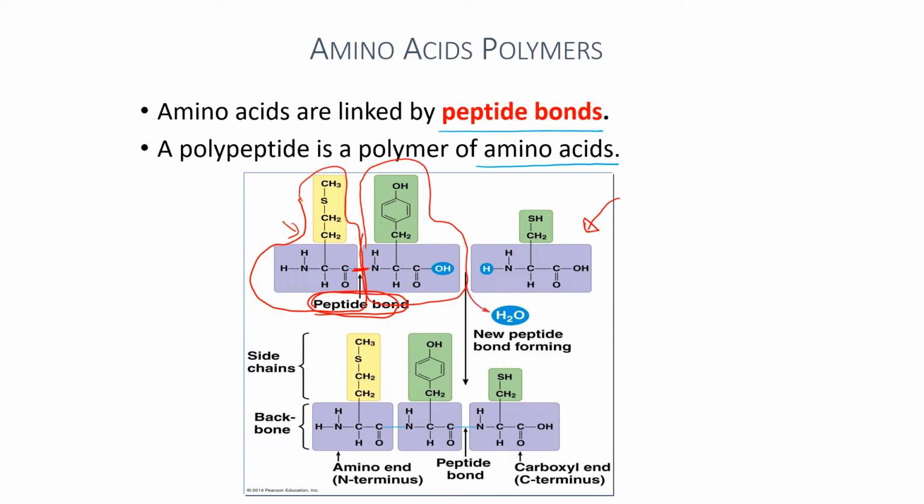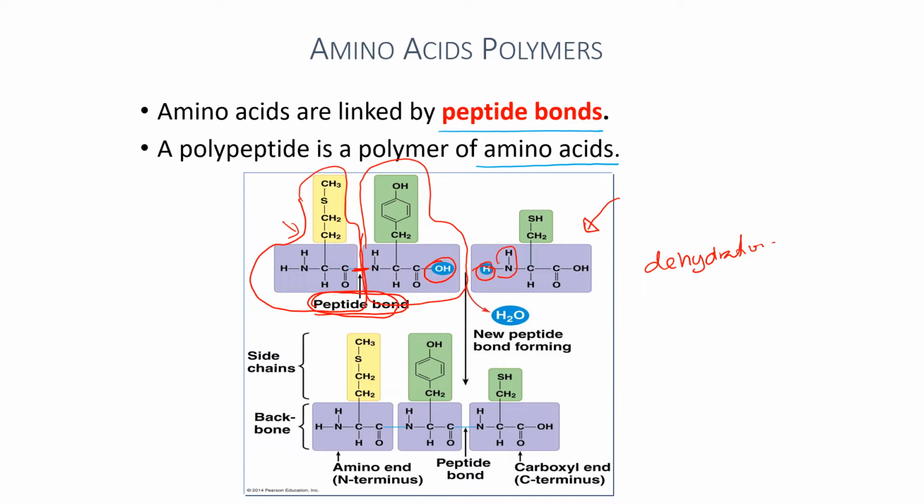chain. Okay, so adding a new amino acid to the dipeptide to form a polymer is through the process of dehydration reaction, or condensation reaction. So the reaction involves the removal of a hydrogen atom from one amino acid, the amino acid to be added, and the removal of OH from the carboxyl group of the initial amino acid in the chain.